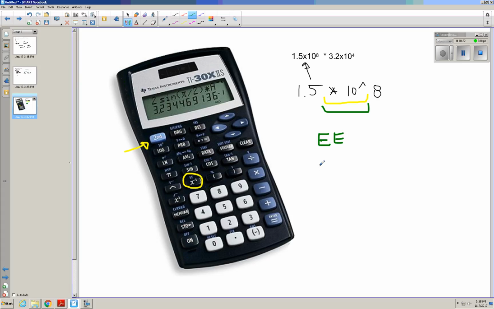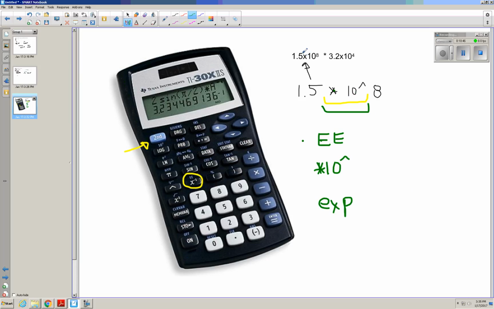Some people have a button that looks like this. The button on their calculator actually says this, and that means the same thing as EE. Some people have a button that says EXP, and all three of these things mean exactly the same thing. And it saves you from doing 1, 2, 3 extra steps on your calculator. Technically 4 because you got to plug in a 10. All right, so I digress.